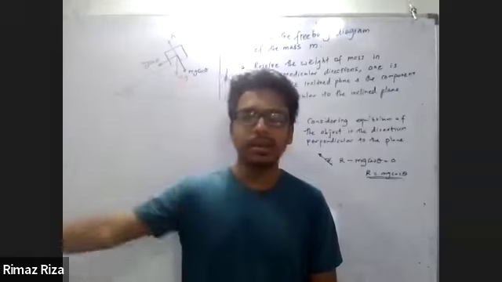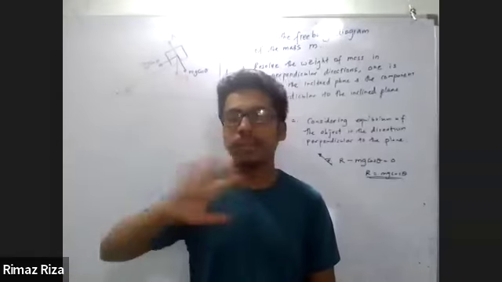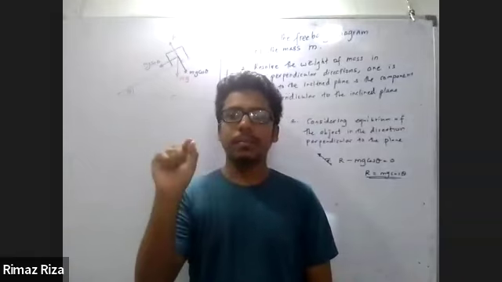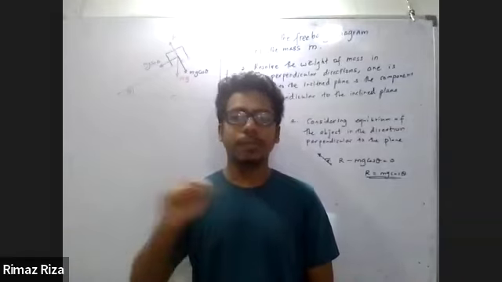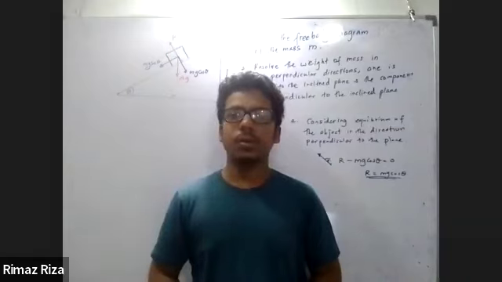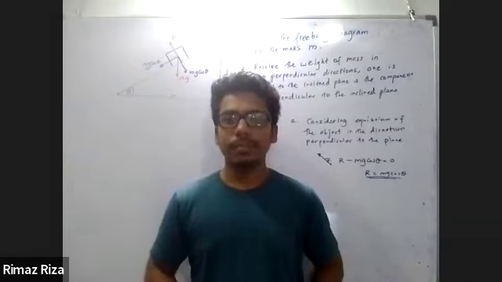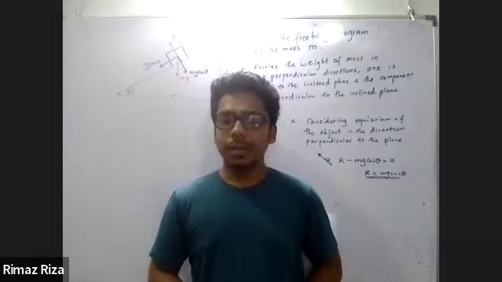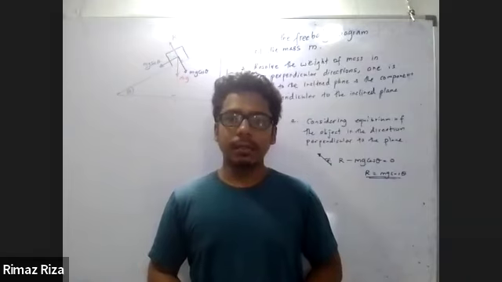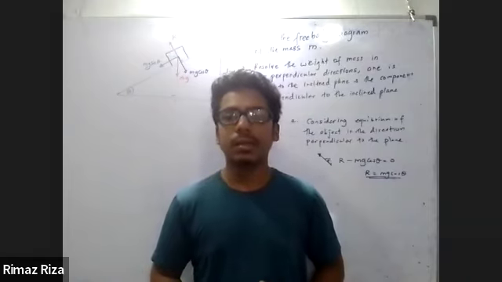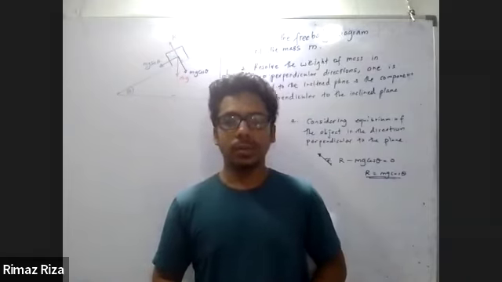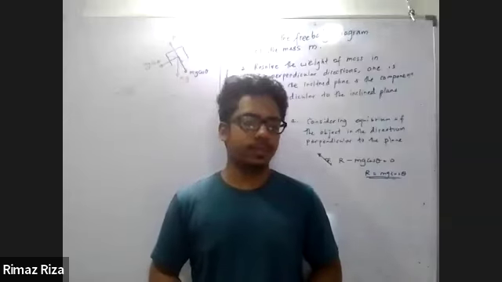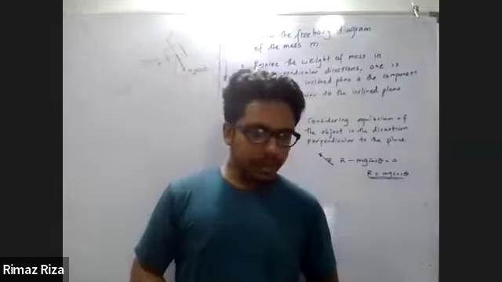In that entire sentence, everything will be the same, but the only difference is we change the smooth plane to a rough plane. So the object of mass m is placed on a rough inclined plane which makes an angle theta with the horizontal, and the mass is released from rest.